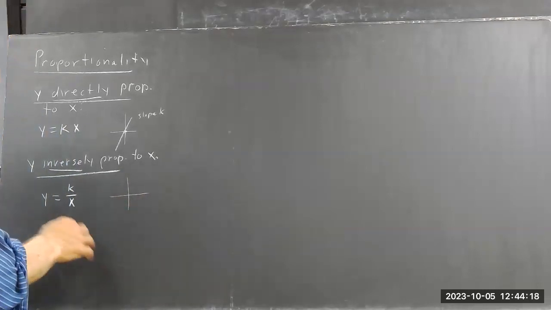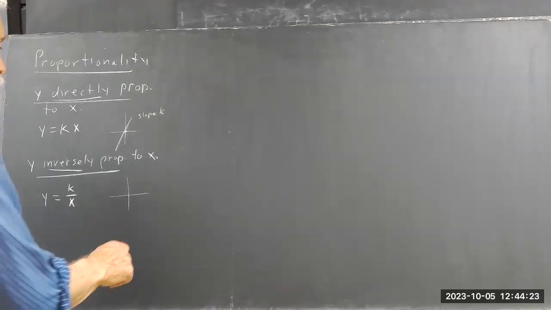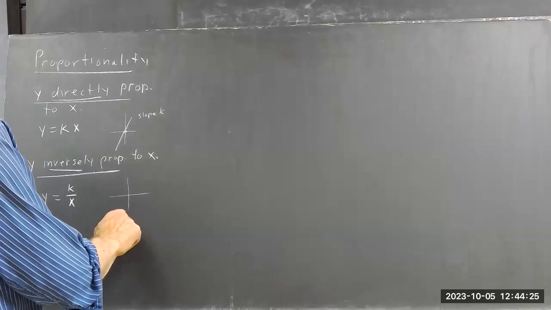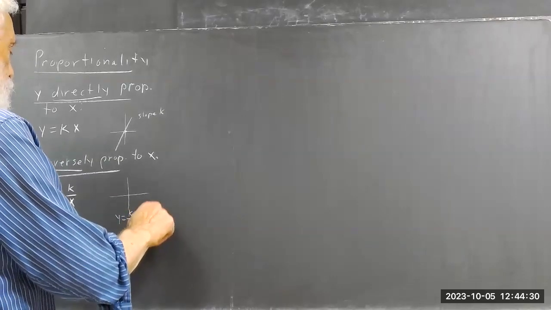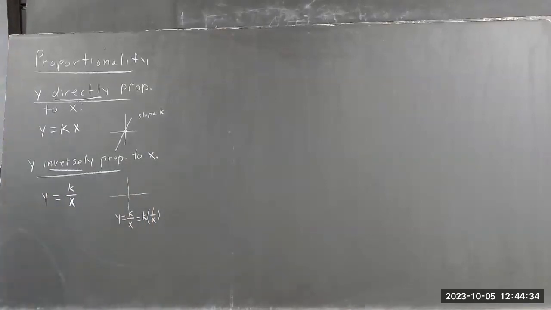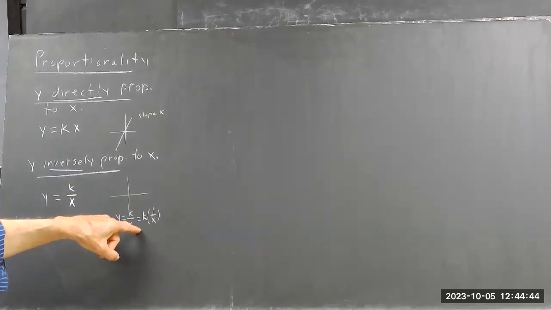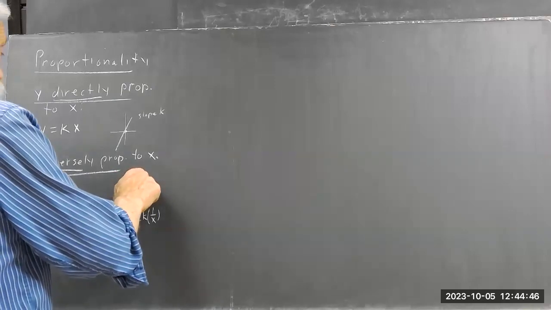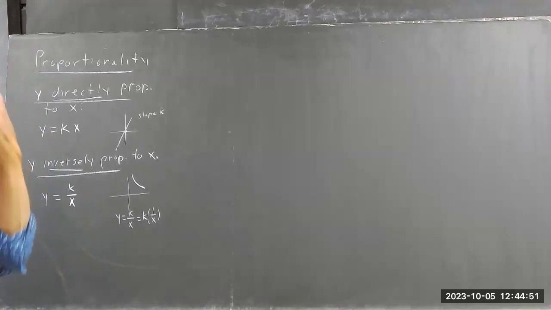If I was to do a graph of this, K over X is K times 1 over X. So you vertically stretched the toolkit reciprocal function. There's your toolkit reciprocal function, just multiplied by K. So it's going to have a graph that looks just like the graph of the toolkit reciprocal function. Okay? That makes sense?